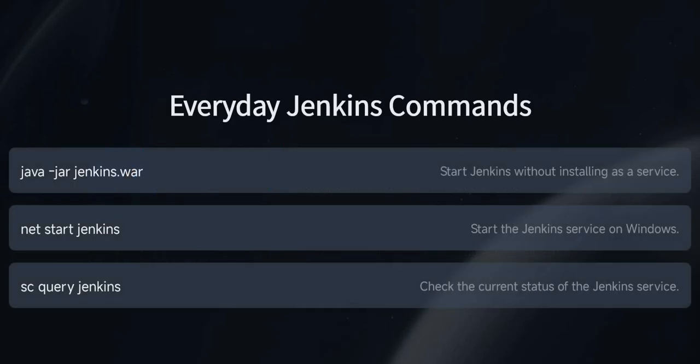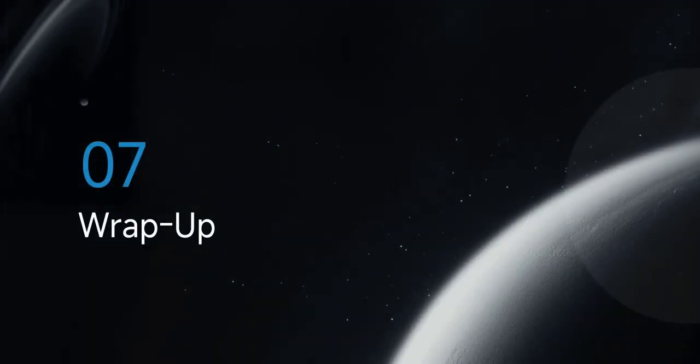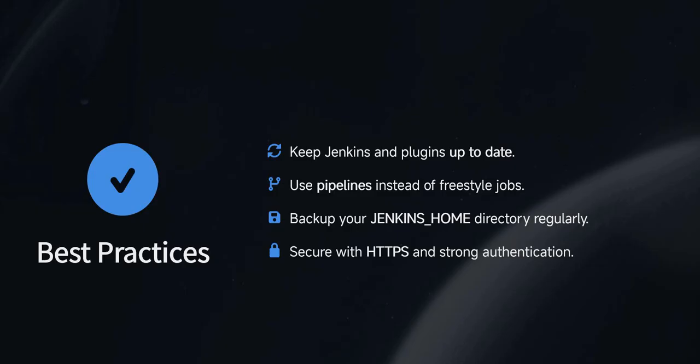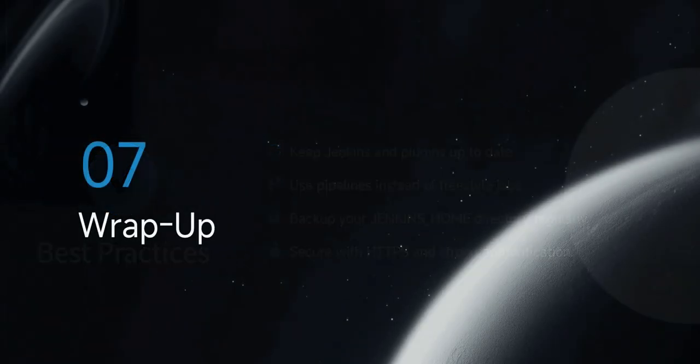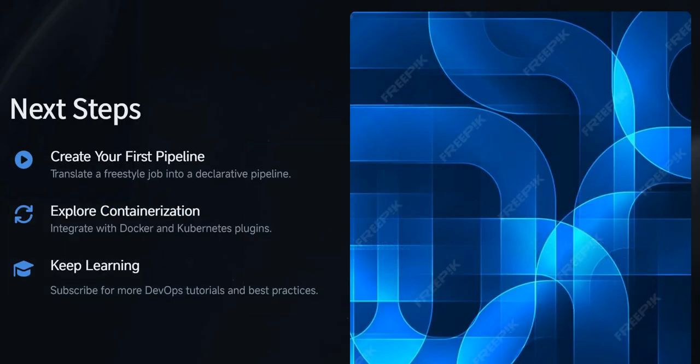As best practice, keep Jenkins up to date, use pipelines, update and back up your Jenkins home directory, and use HTTPS and strong authentication for security. Jenkins automates CI/CD, and is powerful, extensible, secure and scalable, which is why we use it.